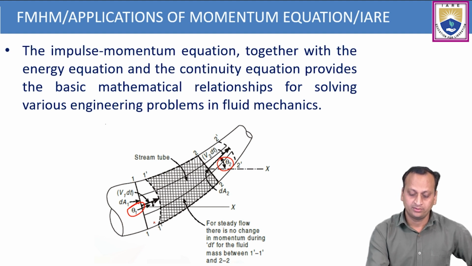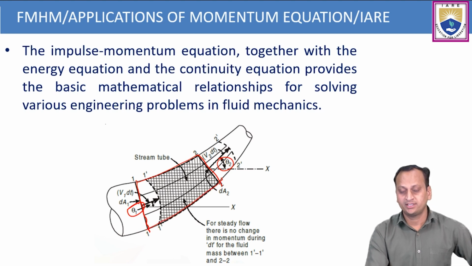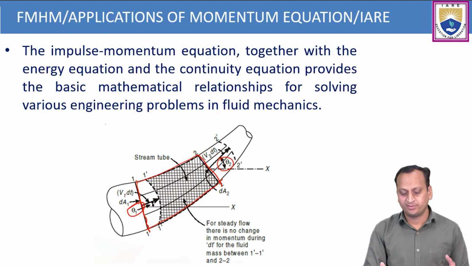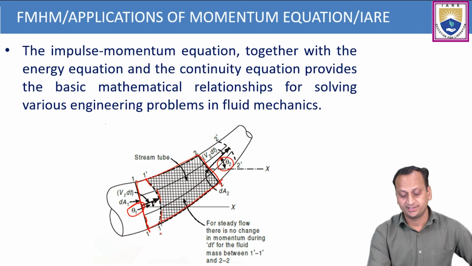Here 1 to 2 is a control volume. To find the resultant force acting on a pipe bend or on a fluid mass, we calculate by assuming a particular control volume. Here the curved portion is section 1' 1'. Section 1 1 is a straight line, but here it becomes a curved one.